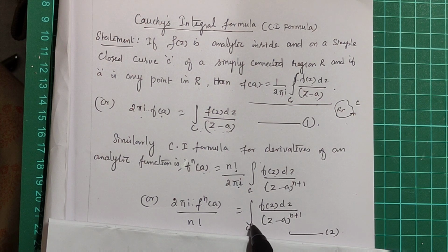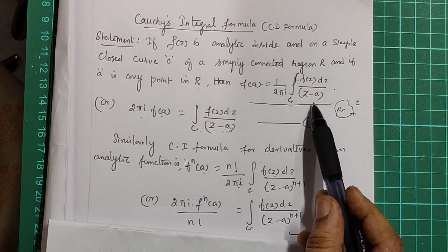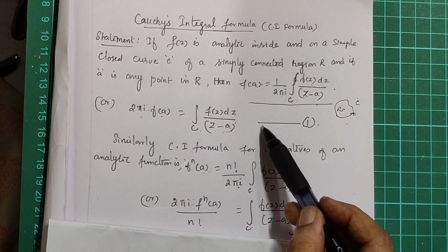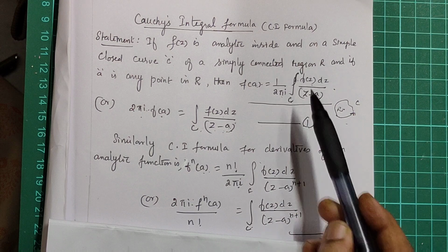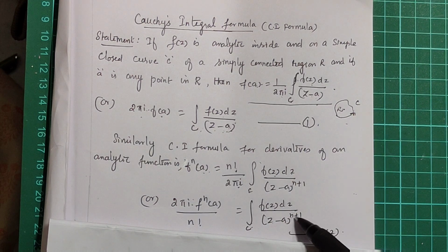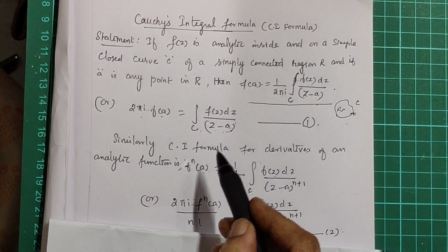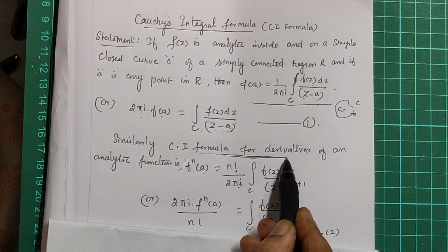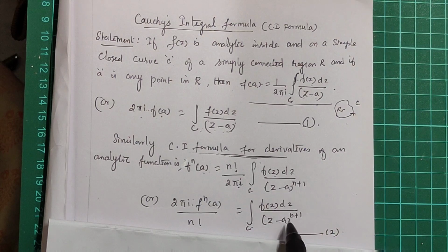When you have to use this formula, see the denominator in the problem. If it is of power 1, then you have to use the Cauchy's integral formula. If it is of power more than 1, you have to use the Cauchy's integral formula for derivatives.